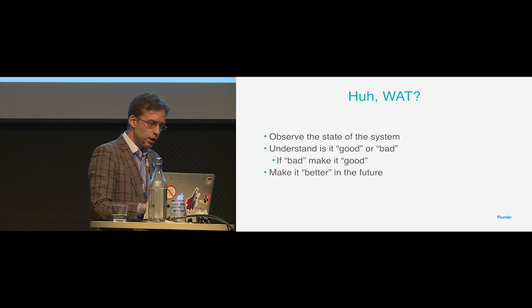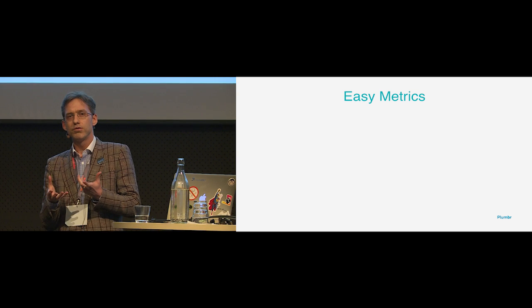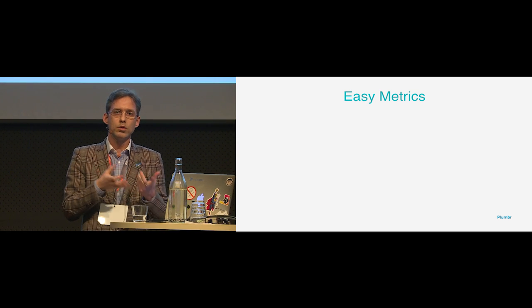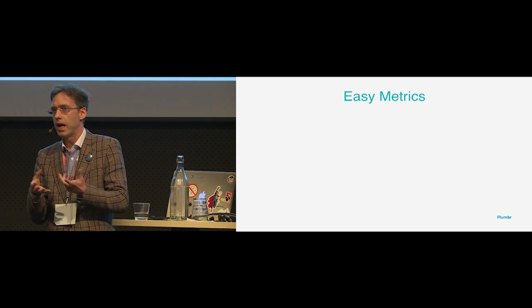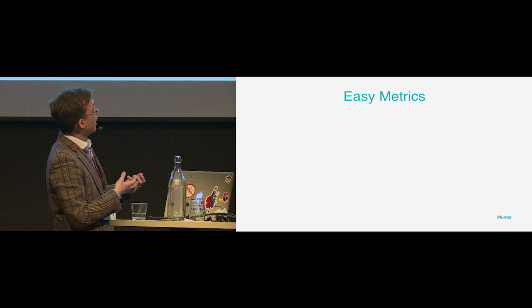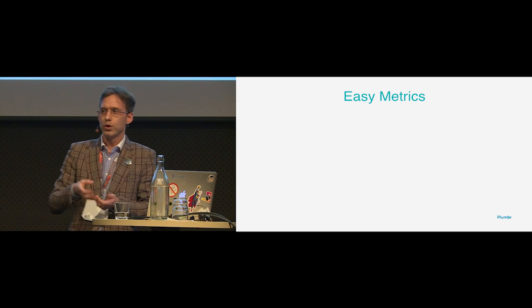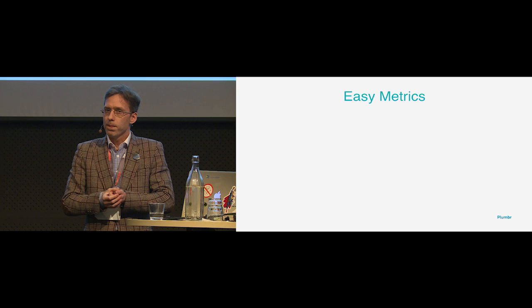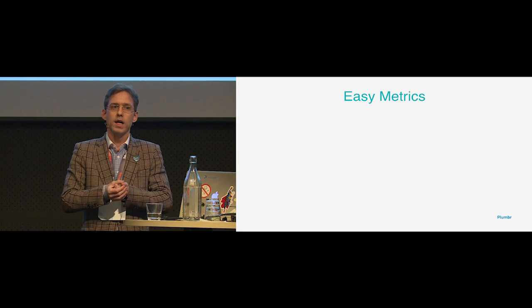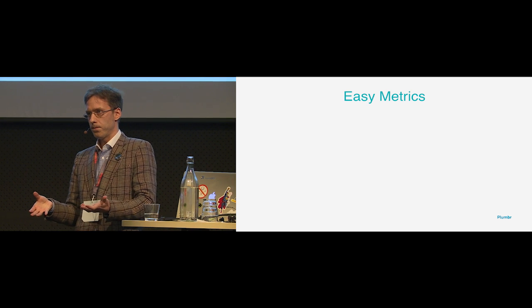Okay, so first of all, you have to observe your application to somehow understand, is it in a good shape or is it in a bad shape? Is it healthy or not? When we talk to our clients and colleagues, who usually monitors your applications in production?